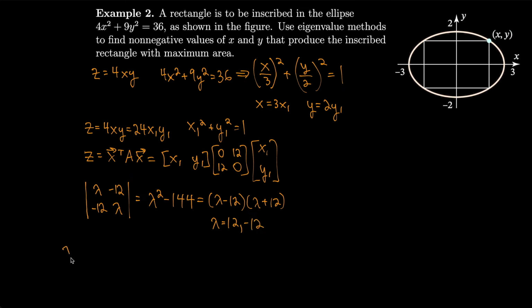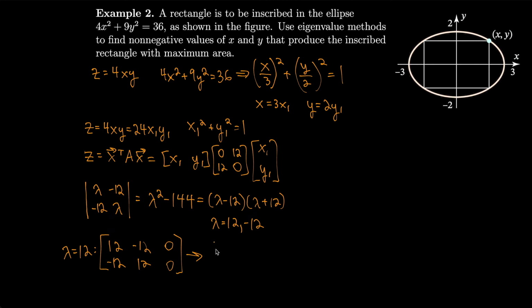Let's look at lambda equals 12 first. So when we plug in 12 for lambda, we get 12, minus 12, minus 12, 12, and we'll append a column of zeros and reduce that. So the second row reduces to 0.